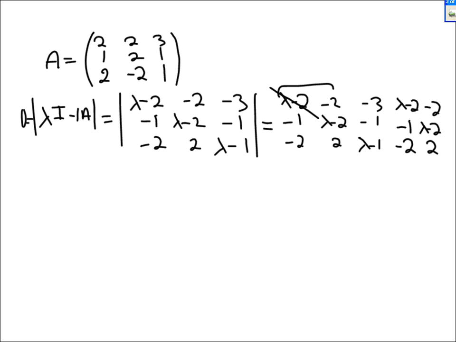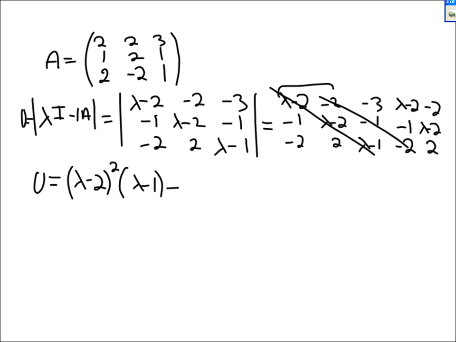We multiply those three, and we get lambda minus 2 times lambda minus 2, which is lambda minus 2 squared, times lambda take away 1. And when we multiply those, we end up with negative 4. And when we multiply those three, we end up with plus 6.